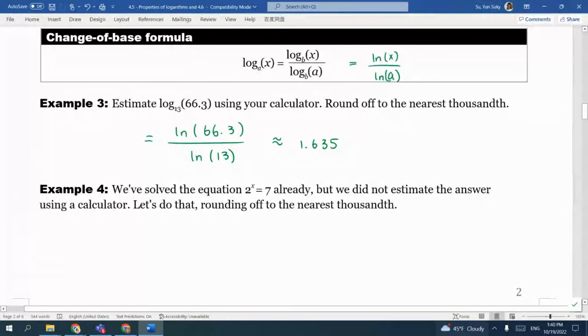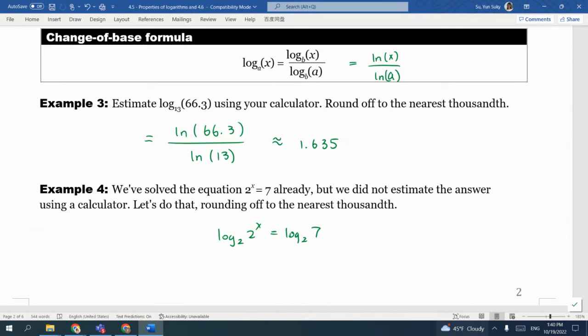Okay, now we are finally able to solve this. Remember, we had 2 to the x equals 7, and we were not able to solve it. If we apply log base 2 on both sides, we get x equals log base 2 of 7.